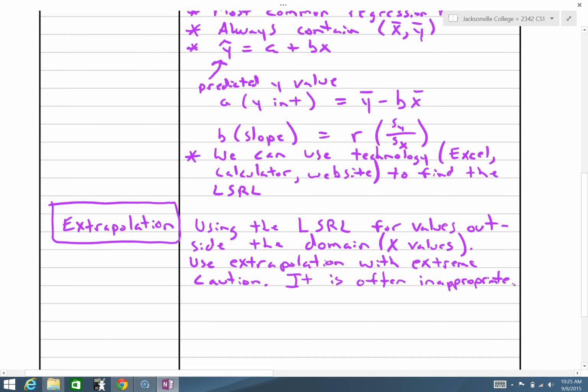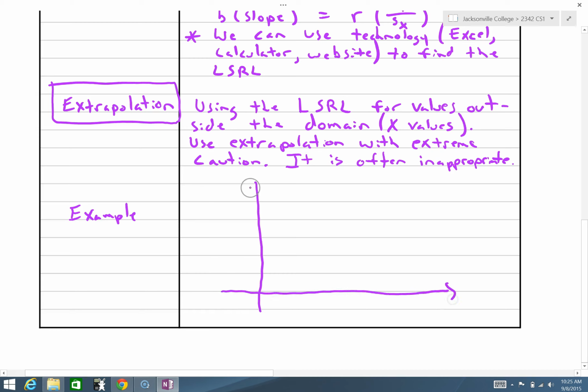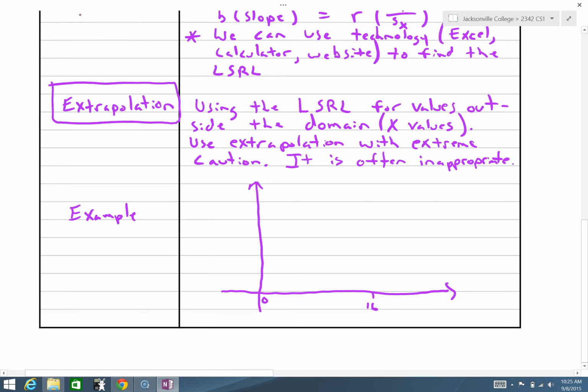All right. Here's what I'm saying. Here's a sort of an obvious example. Let's say we were investigating the growth of humans, from age 0 to 16. Okay, we might see some points that look something like this.